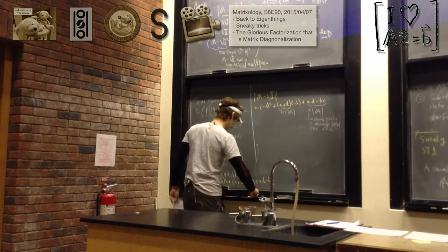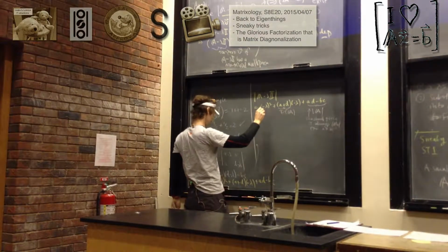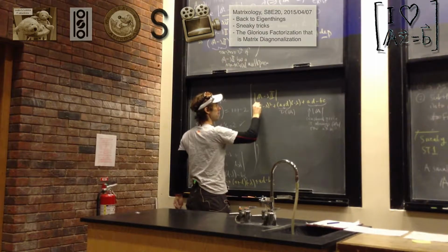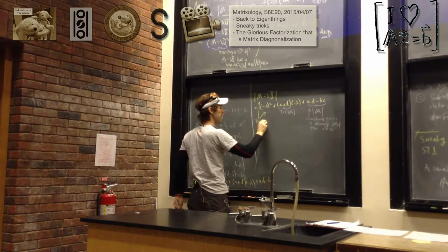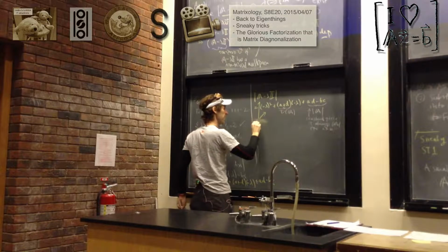So let me say one other thing, I haven't said this word yet. This thing is called the characteristic equation. It kind of came a little late here, but we have a name for this equation, it's so important.